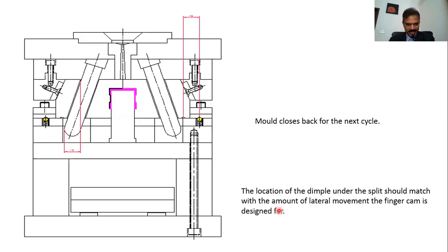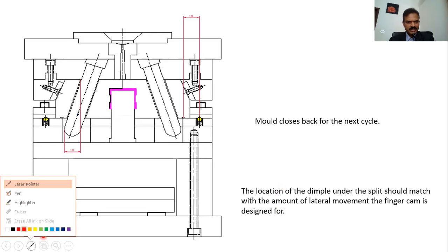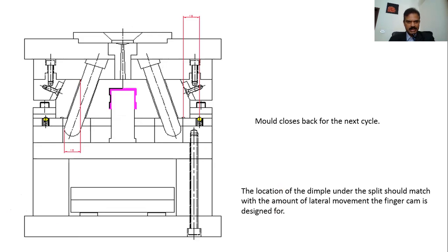Now, there are some timing issues which you have to pay attention to. I already told you, the purpose of the ball catch screw and the dimple arrangement is that this should click here the moment the finger leaves the slide, disengages with the slide.